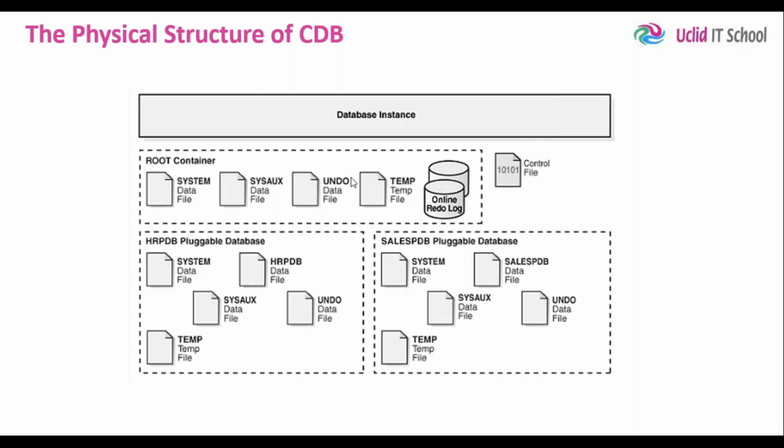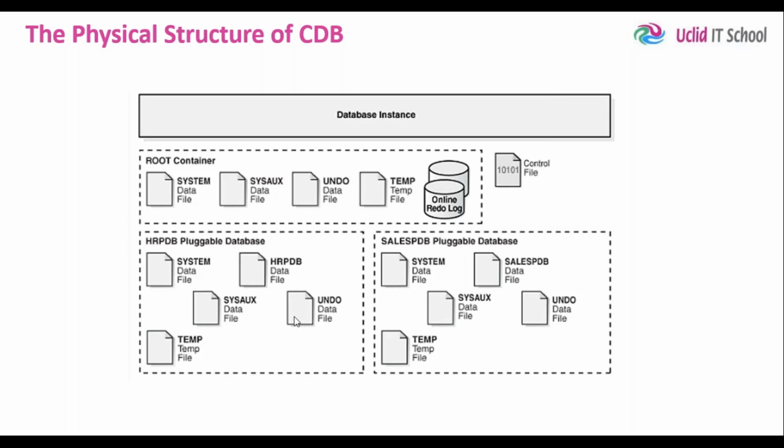So any shared object is in root. That is a fundamental concept, right? In a container database, PDBs will not have online redo log files and a control file. These are shared. Because of that, online redo log files and control files are in the root. PDBs will have only data files. So that is what you need to understand.